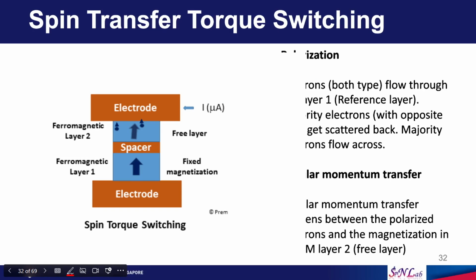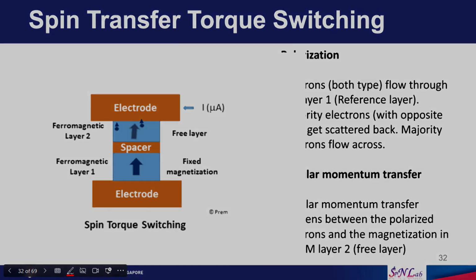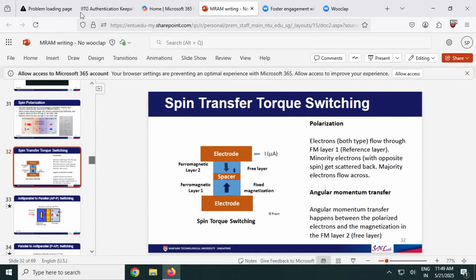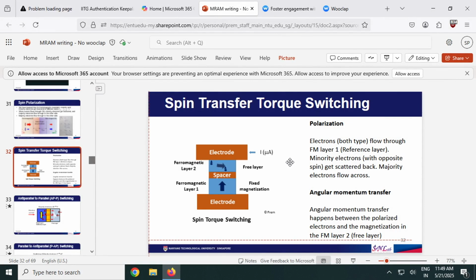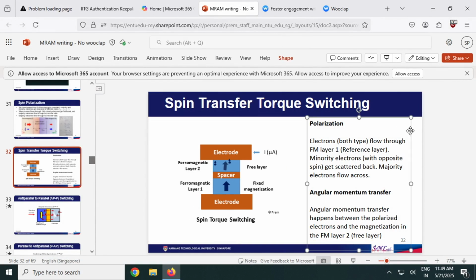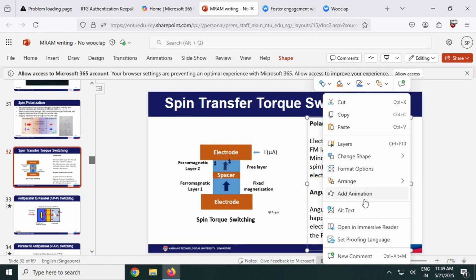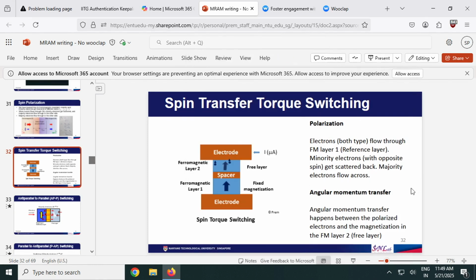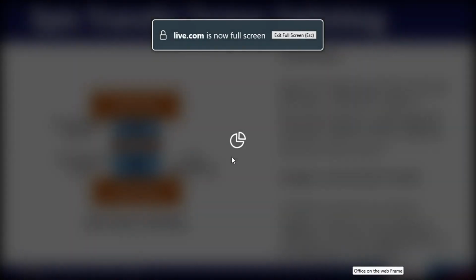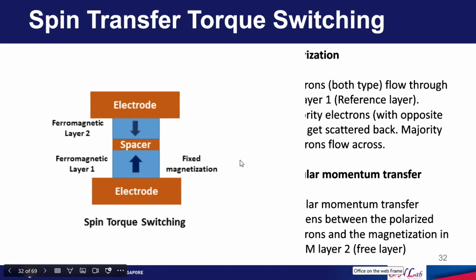The second concept that you need to know is the angular momentum transfer. In this case, let us say we send electrons from the bottom layer to the top layer.